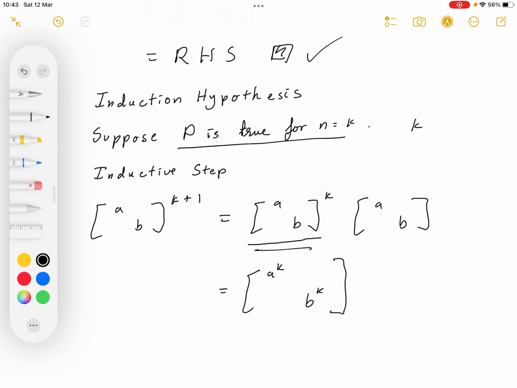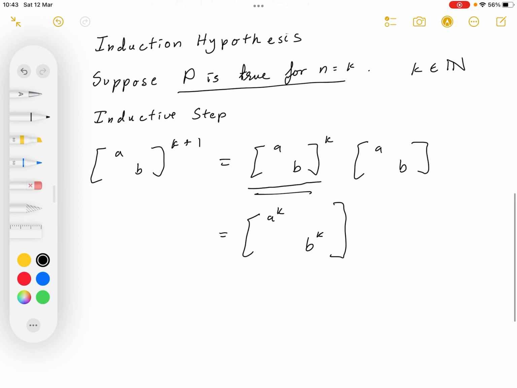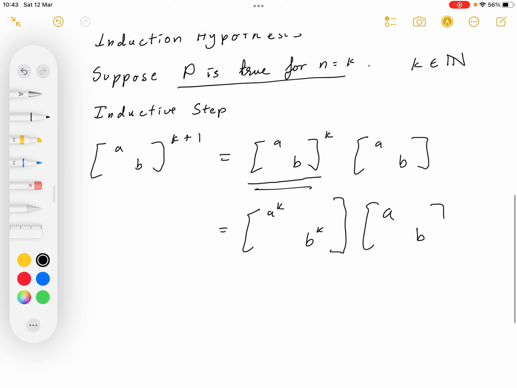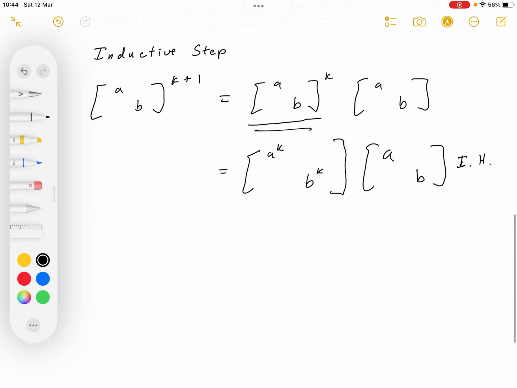But k is also in the natural numbers, because we're only proving this for natural number n. So n equals k, and this is by the induction hypothesis. Now we multiply these two matrices together using normal matrix multiplication. So what we have is A to the k plus 1, B to the k plus 1.